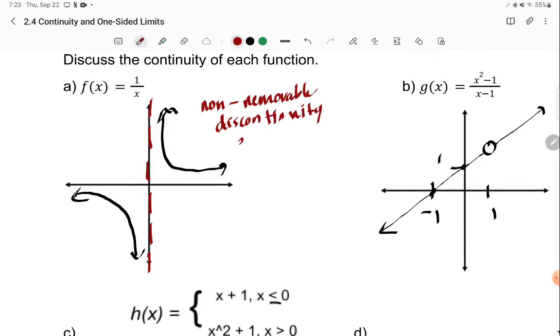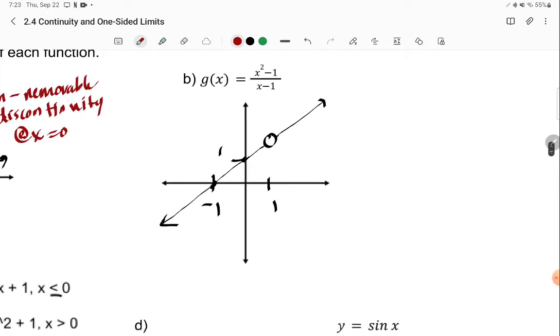And it occurs at x equals 0. A lot of times, all the time, we can define a discontinuity as: if you can't trace a graph without picking up your pen or pencil, it's discontinuous. Then you just have to define what kind of discontinuity it is.